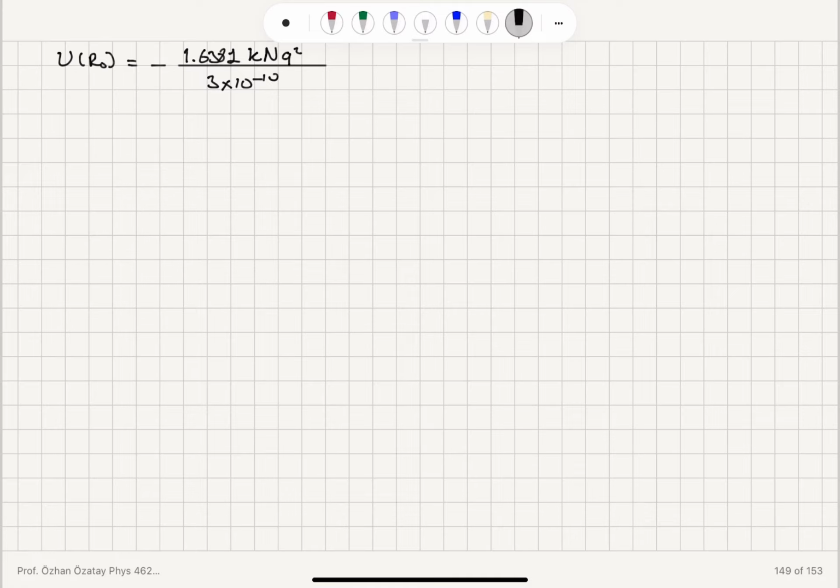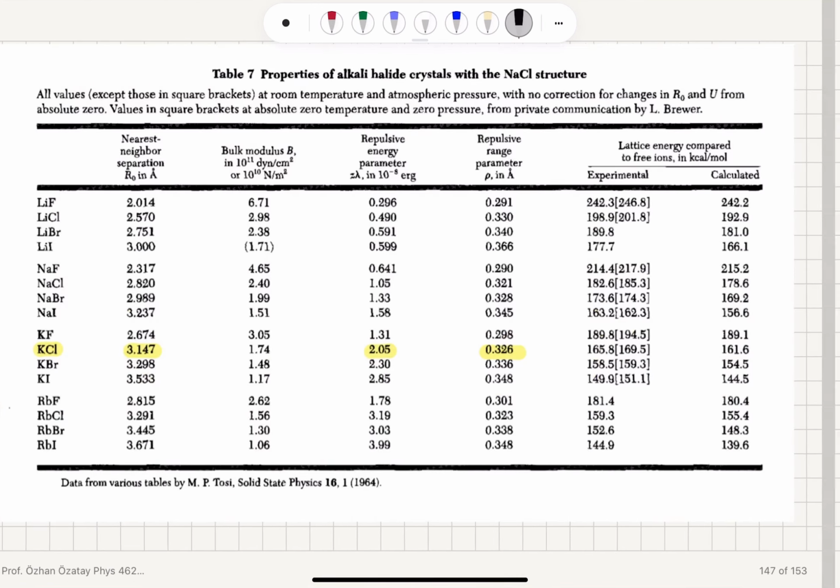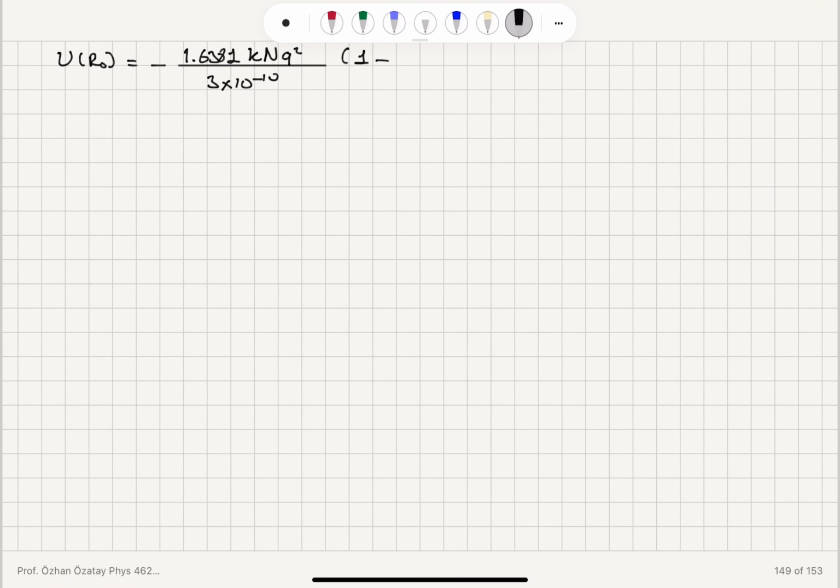Then we have 1 minus rho over r0. Now r0 over rho is 9.2, so it is 9.2 to the power minus 1. And this gives us the cohesive energy U of r0 divided by k n q square value to be minus 0.487 times 10 to the 10 in 1 over meters.